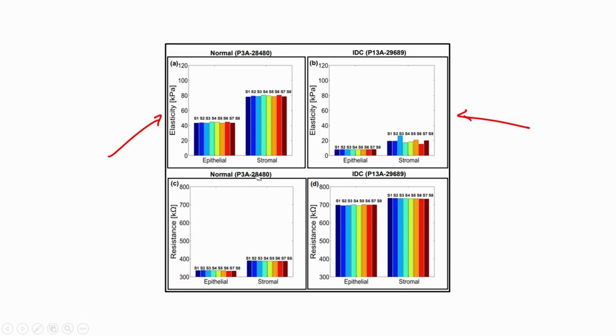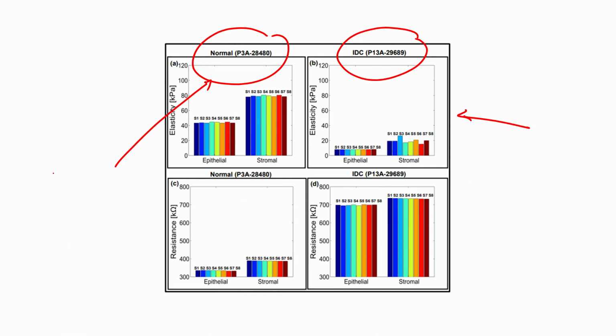But you can see here that we have done this for 8 different patients, with the epithelial region in a normal. I am showing it only for a single patient, a tissue from a single patient using biopsy.